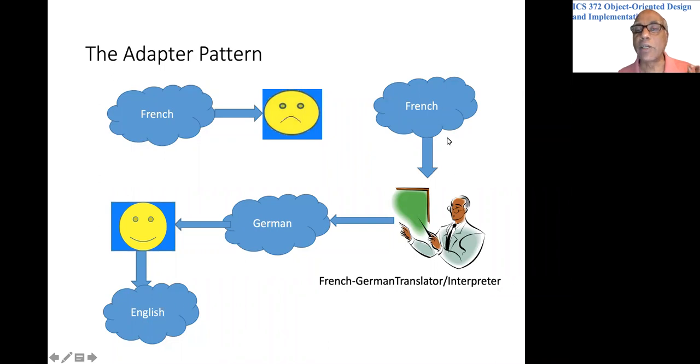So the requirement that this French be understood is done in a roundabout way by having an external agent who can do a bulk of the work. This person does a great deal of the actual work of understanding the material.